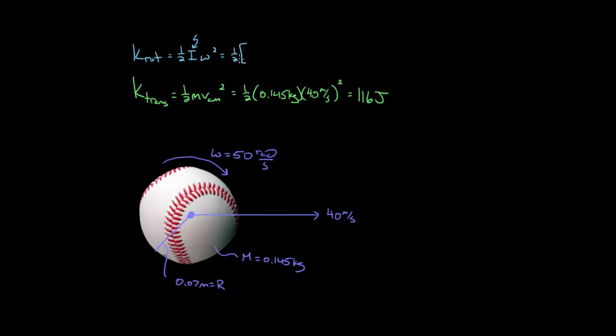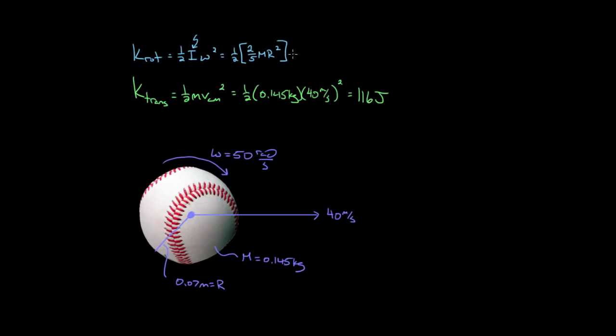So in an algebra-based physics class, you just have to look this up. It's either in your book, in a chart or a table, or you could always look it up online. For a sphere, the moment of inertia is 2/5 mr squared. So in other words, 2/5 the mass of the baseball times the radius of the baseball squared. That's just I, the moment of inertia of a sphere. So we're assuming this baseball is a perfect sphere that's got uniform density. That's not completely true, but it's a pretty good approximation.